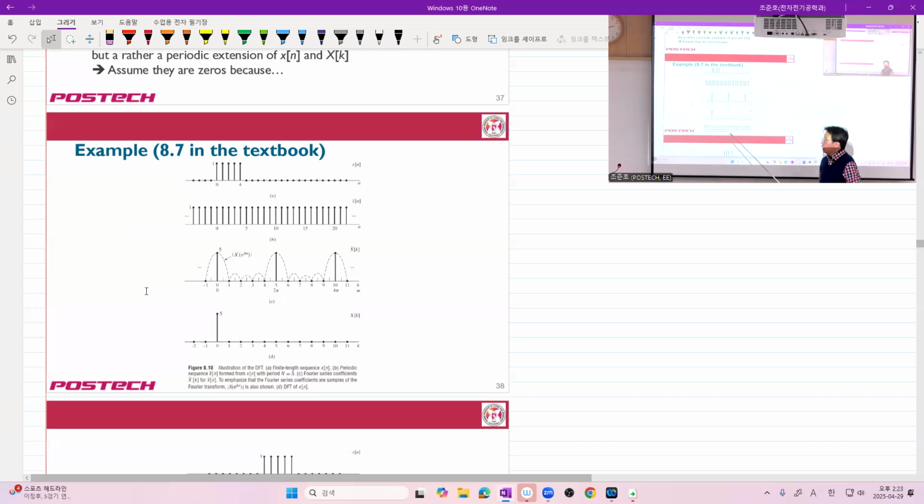Ready? We periodically extend this one with capital N equals 5. Then what do you have? We have an all one signal because we have 5 ones. Now shift by 5, countably infinite.